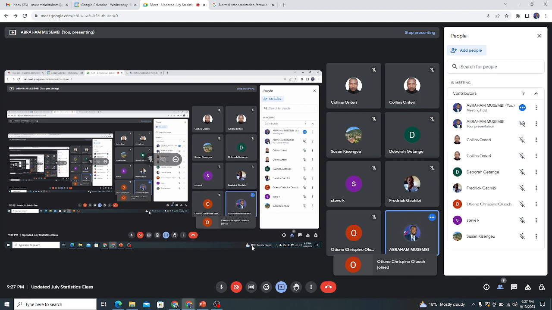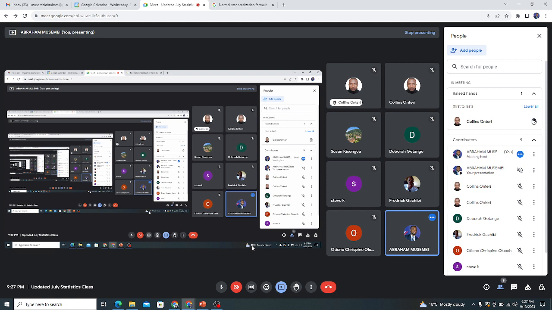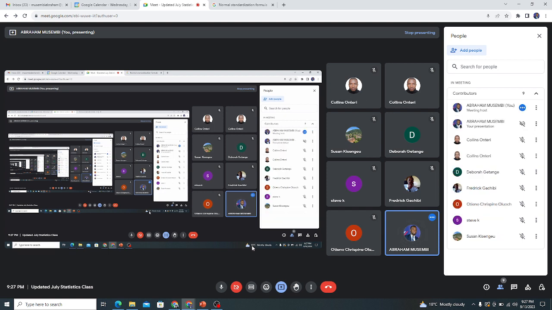Any question? Any question about kurtosis? Was that clear? Yes, Collins. Okay, so you were just showing a thumbs up. What about the others? Was that clear? Suzanne, that was clear. Collins, that was clear.